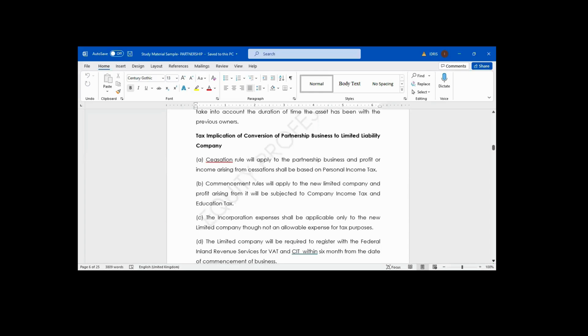And the profit arising from the commencement in that new company is going to be subjected to company income tax and education tax.